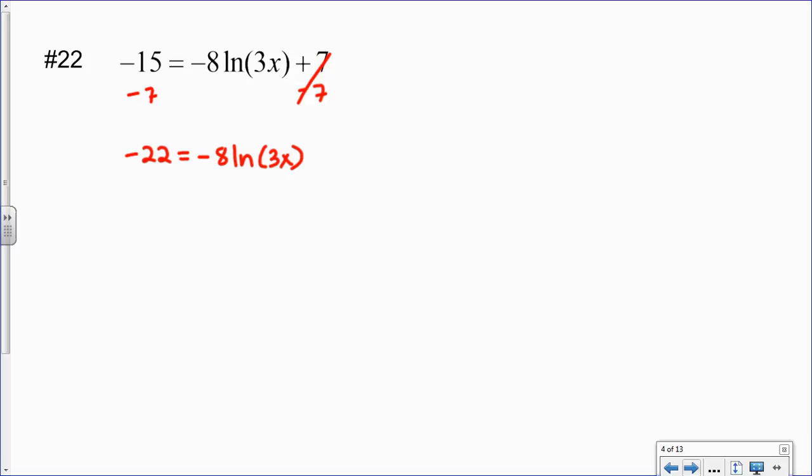So Jacob, what now? Okay. How would I do that? Divide by -8. Good. We don't want to round, so let's keep things as reduced fractions. Even though this would be a terminating decimal, let's go ahead and keep it as a fraction. So that would be positive 11 over 4.